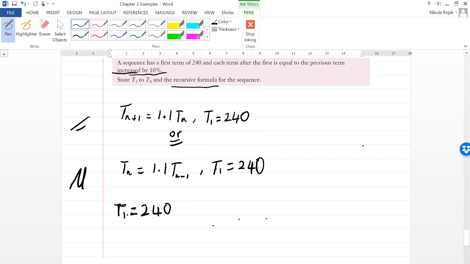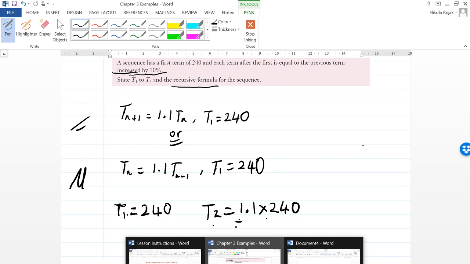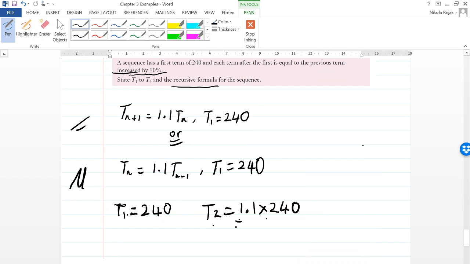Term 2 is going to be equal to 1.1 times term 1. So in our case, term 2 is going to be equal to 1.1 times 240, which is equal to 264.